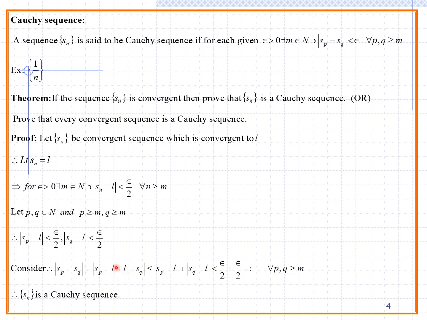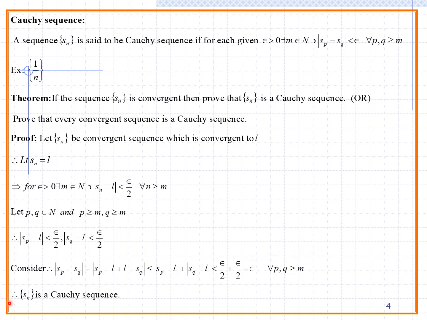After that I can split it into two moduli: modulus Sp minus L is one, and modulus Sq minus L is the other. Sp minus L is less than epsilon by 2, and likewise Sq minus L is less than epsilon by 2. Epsilon by 2 plus epsilon by 2 is epsilon. So finally, adding both, modulus Sp minus Sq is less than epsilon.